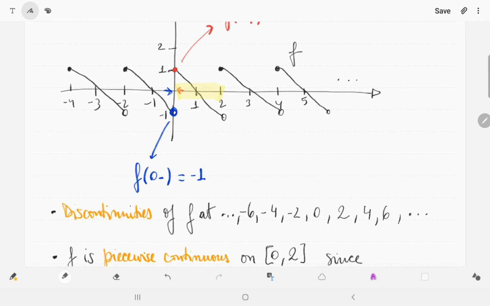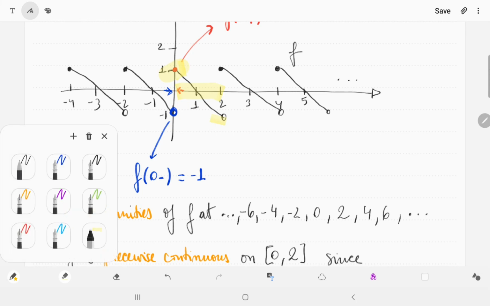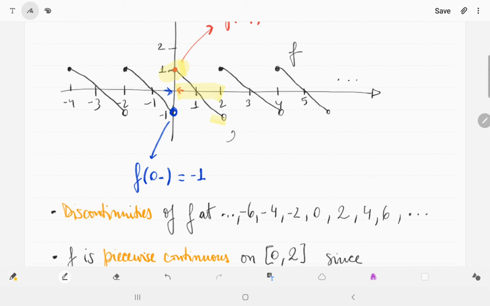Remember that this function was a 2-periodic function, so this limit exists, and the left limit of f at 2, let me write it down, so f(2-) also exists, which coincides with this -1 here.